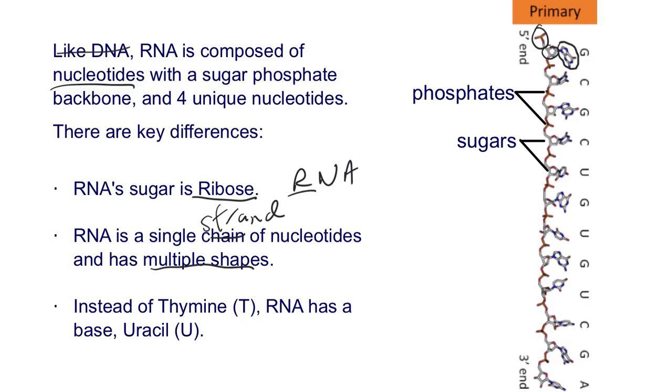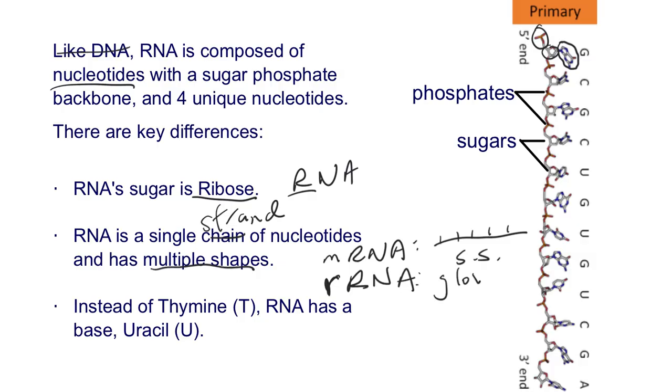And there's all kinds of shapes for RNA, depending on what type it is. So messenger RNA is just single-stranded. Ribosomal RNA, the RNA in ribosomes, is globular. So it's like a tangled thread ball or a hair ball.